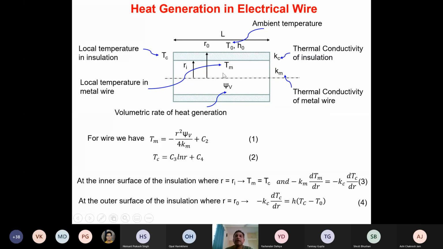Okay, so again in the conduction chapter, what we have said is that outside temperature, here we have looked at T naught, and based on that we have solved everything. We said that outside of this insulation there is a temperature T naught, but that's not the realistic case. In a realistic case, outside of this electric wire, outside of this insulation, there will be a convection taking place from the surface of the wire, isn't it?